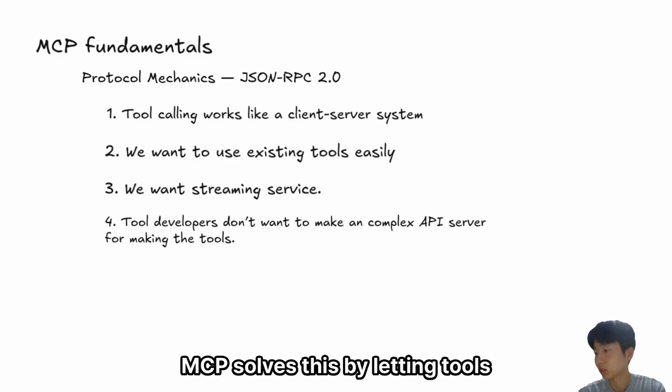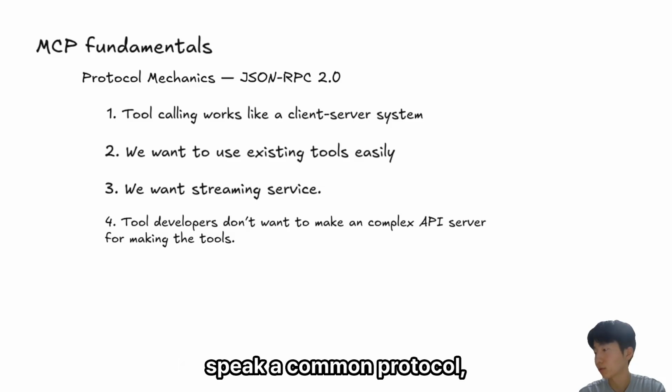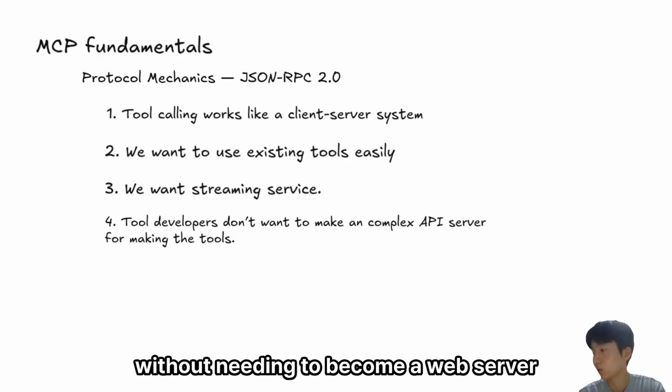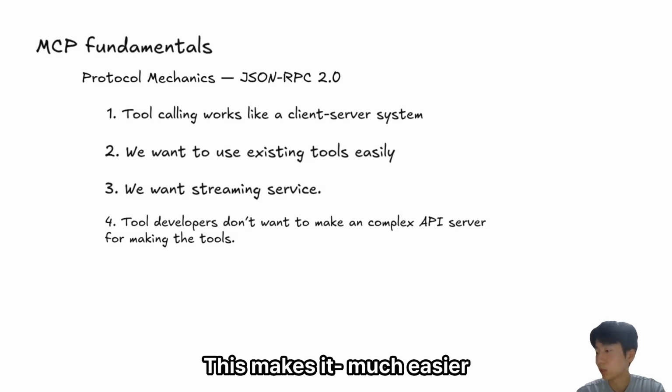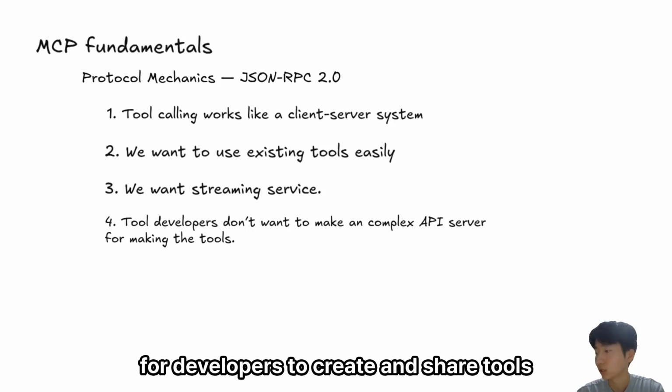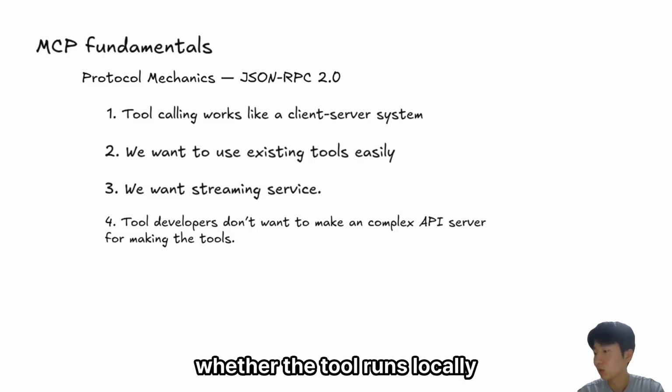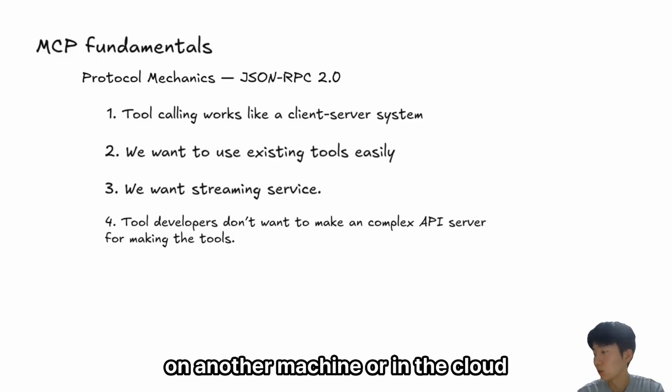MCP solves this by letting tools speak a common protocol, JSON-RPC 2.0. With this, any tool can communicate with the AI without needing to become a web server. This makes it much easier for developers to create and share tools, while AI can still interact with them whether the tool runs locally, on another machine, or in the cloud.